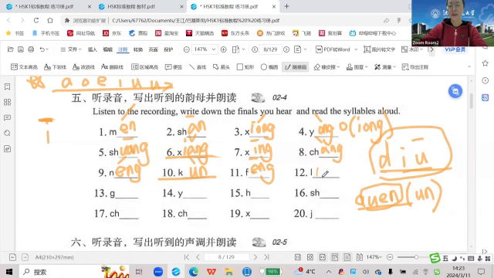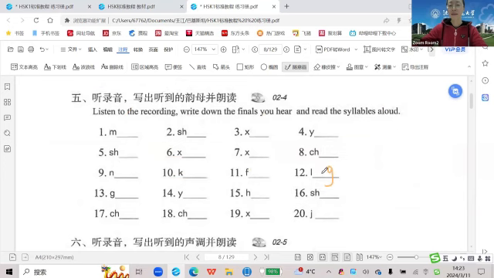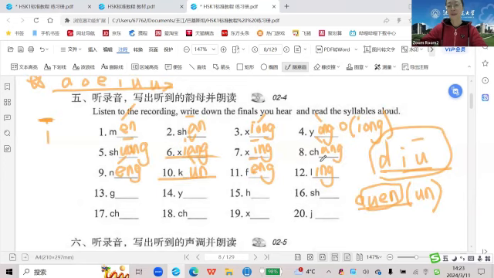Yes, the final is ing, and the tone is the second tone, and the dot above the alphabet I was omitted. Okay, so that's the written form. 零. Okay. So, are you clear? And if you have any questions, you can input your question in the chat room.